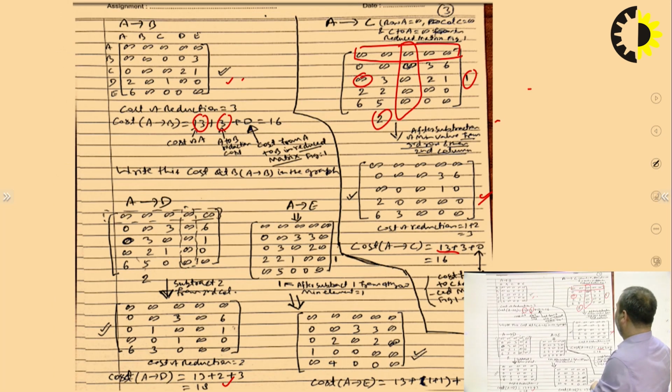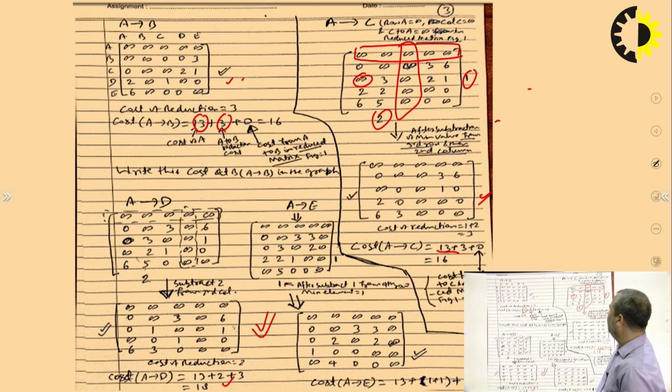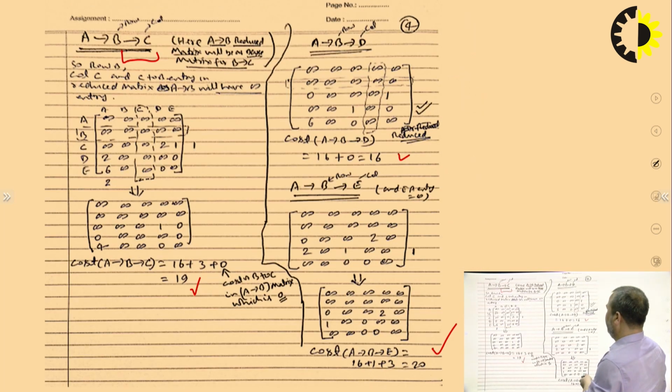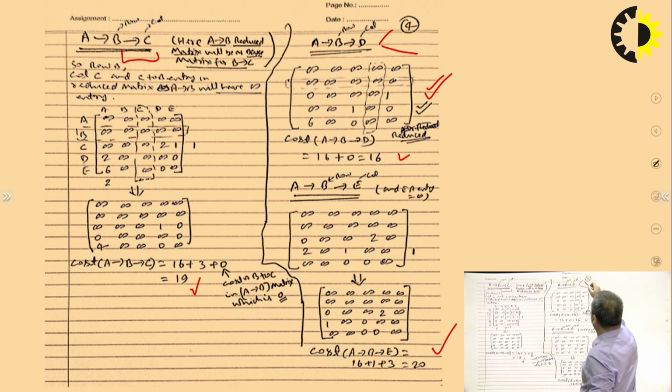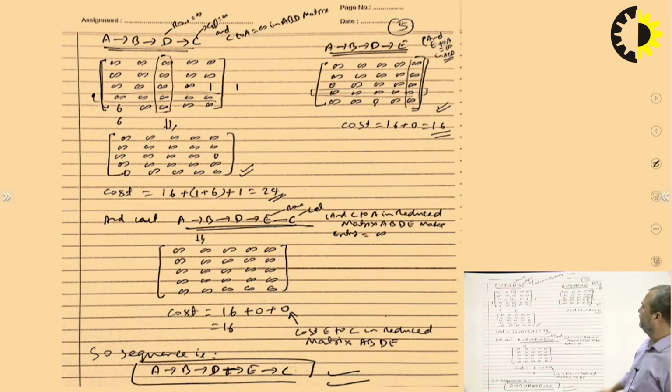Here from D, there could be either C or E. So this matrix now becomes the base matrix for doing this further. Okay, so here this becomes the base.